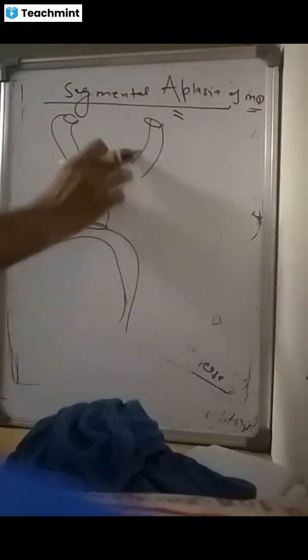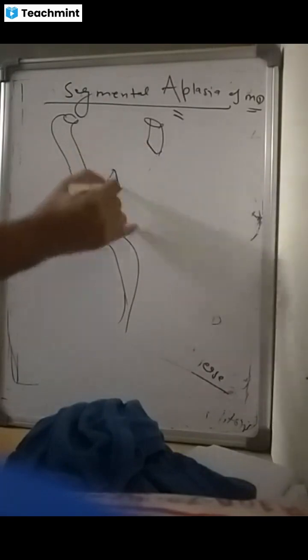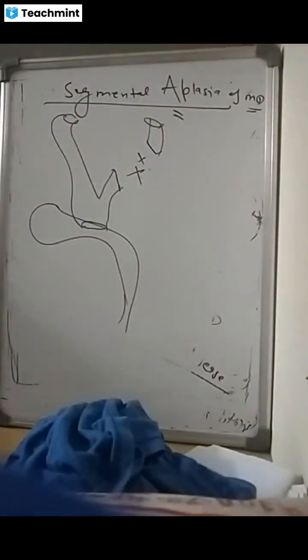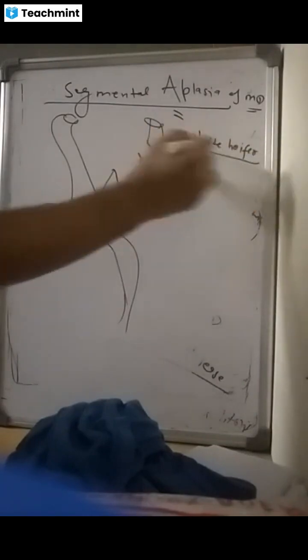Suppose this segment is present and this segment is absent, that is segmental aplasia. It is also known as white heifer disease.